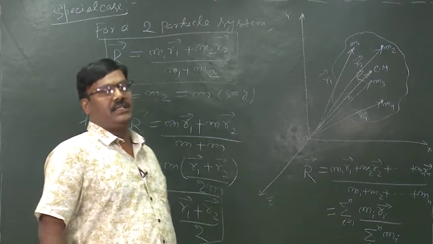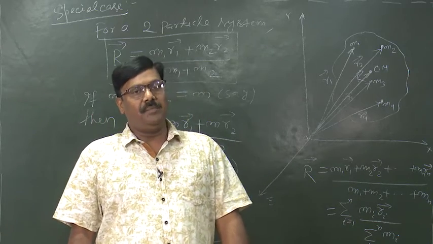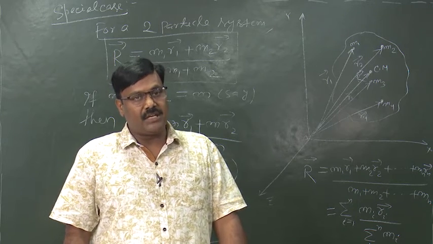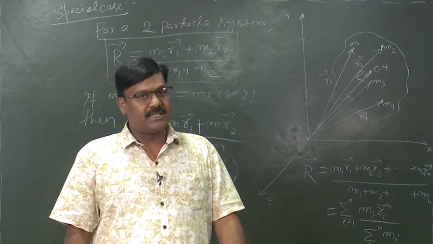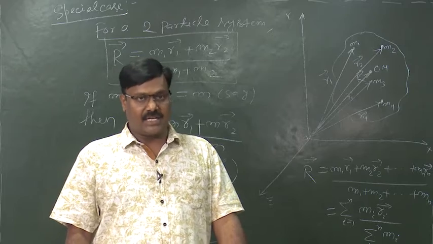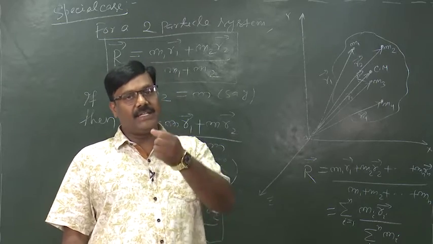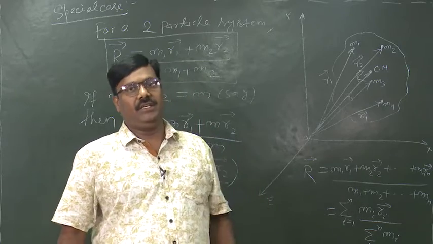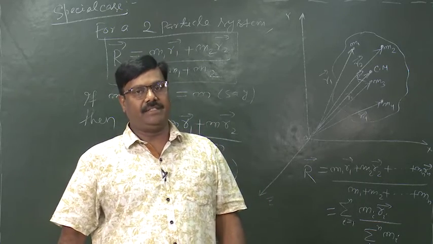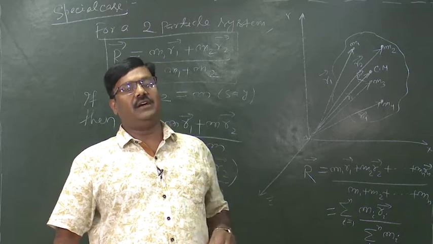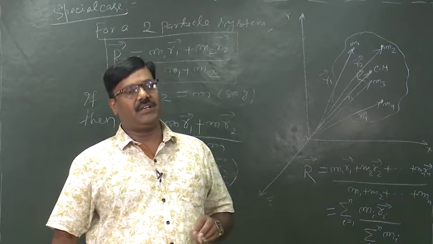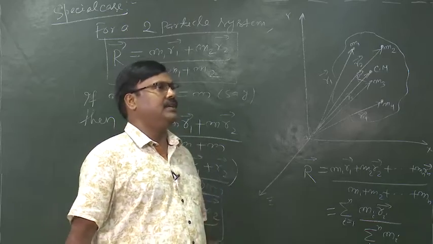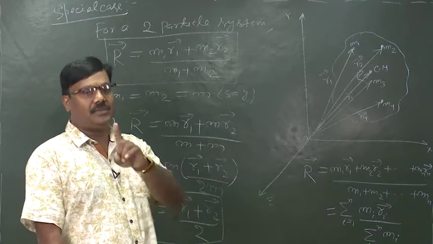If we take the case of a common balance, then the center of mass of that balance lies exactly at the middle point of that bar where we hold the balance in our hand. That point is the position vector of the center of mass, and it lies exactly at the midpoint of the two pans of that balance.